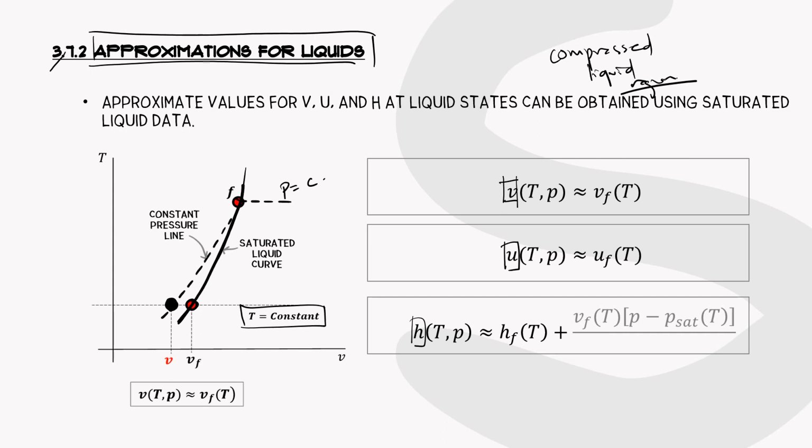So if you are in the compressed liquid region, then we can approximate that the value here for V, for U, for H corresponds to the value of the property at the saturated liquid point evaluated at this temperature. So it's not the temperature here, but rather at this temperature. It's almost the same. That is an approximation.